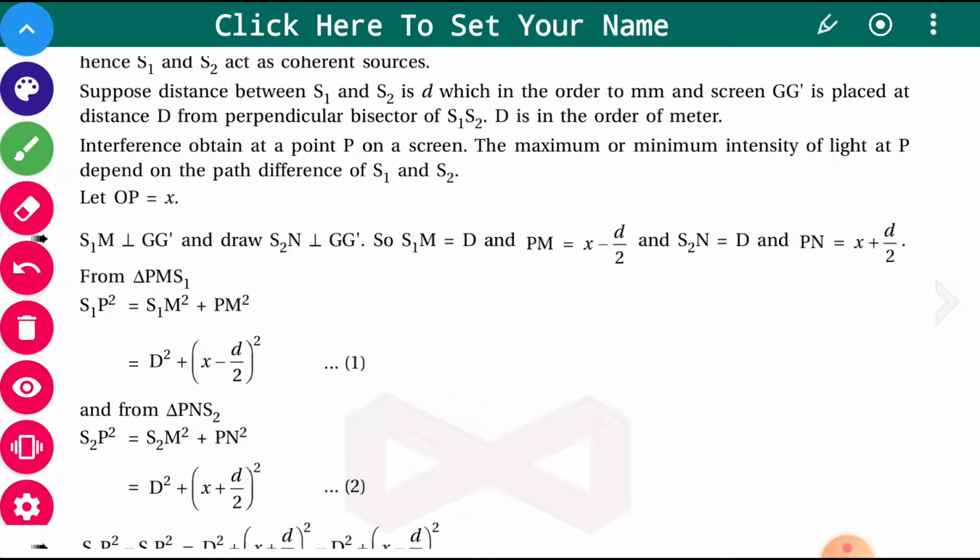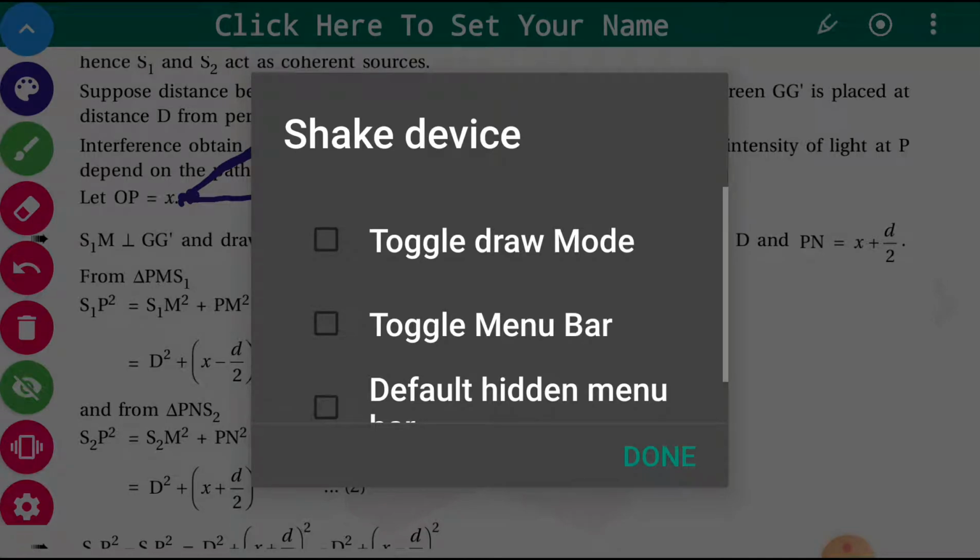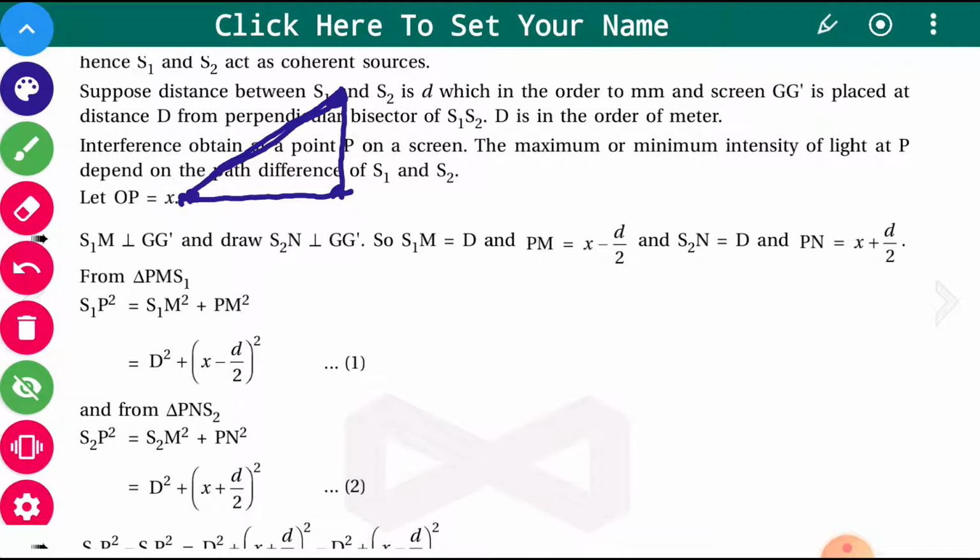So S1P square is equal to S1M square plus PM square, and S1M is nothing but capital D. So it becomes D square plus x minus d by 2 the whole square.